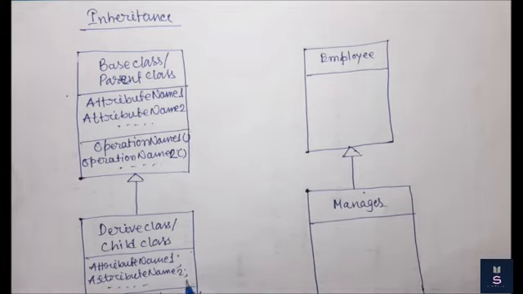The new class is known as child class or derived class, or sometimes we call it a subclass. So the class which has been formed based on other classes is known as a subclass, child class, or derived class, and it inherits the attributes and behavior of the pre-existing classes.